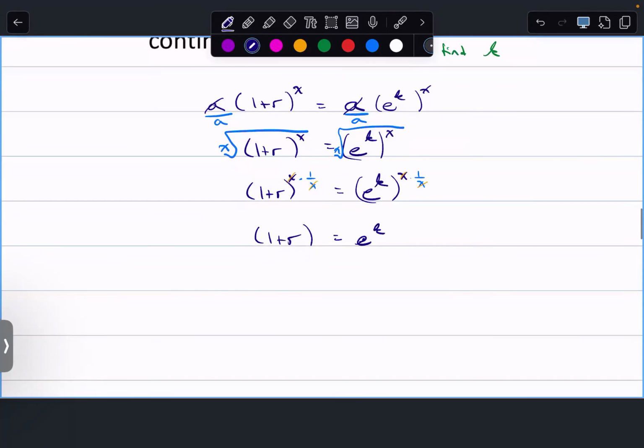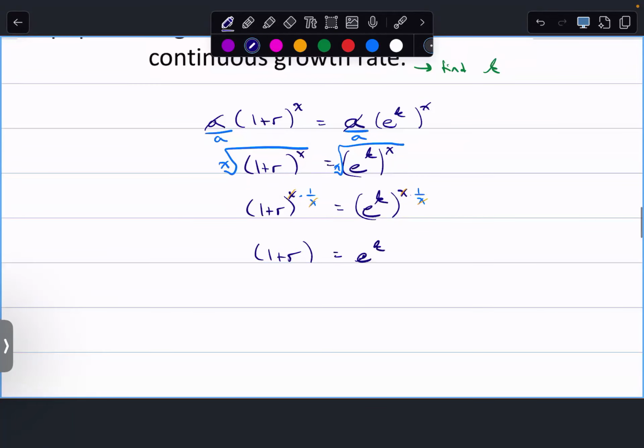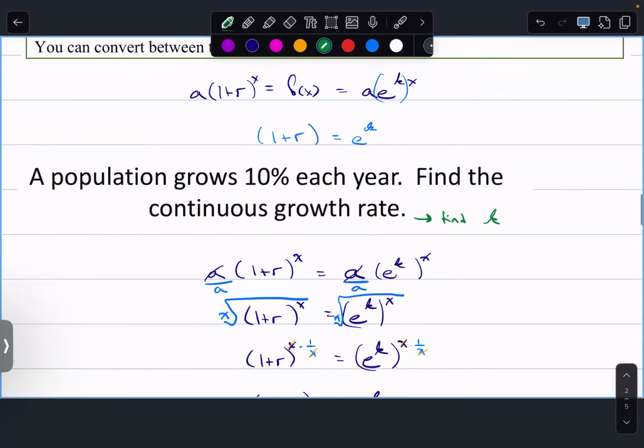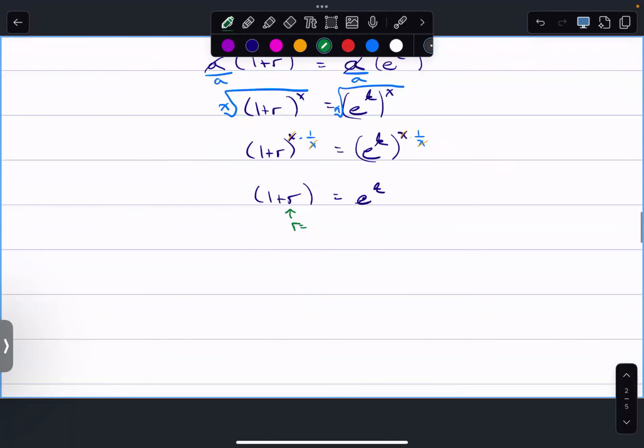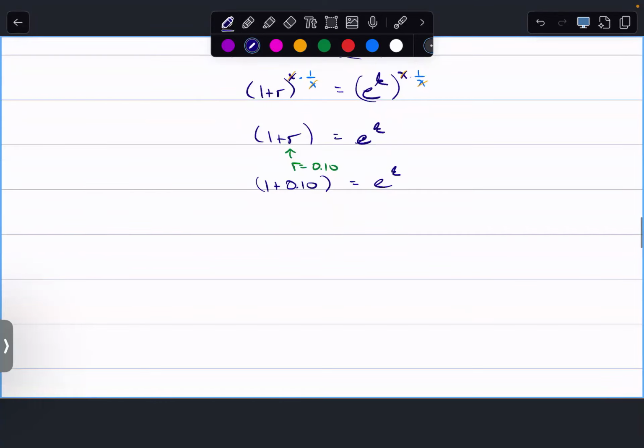Now we know why we have it. So we were given that r was 10%, so 0.1. So I have 1 plus 0.1 is e to the power of k. So 1.1 is e to the power of k.